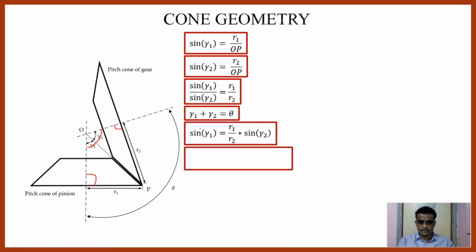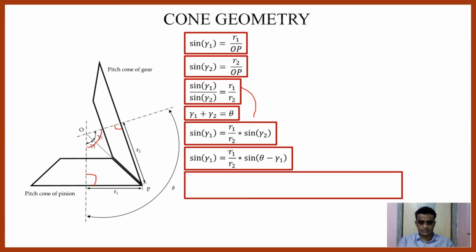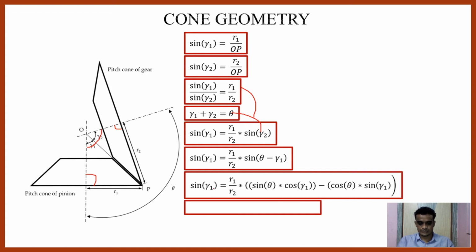Now I'll rearrange this term. Sine gamma 1 is equal to r1 upon r2 into sine gamma 2. Here I'll replace gamma 2 with theta minus gamma 1. We know the formula sine of a minus b, so we get sine theta cos gamma 1 minus cos theta sine gamma 1, the remaining is the same.